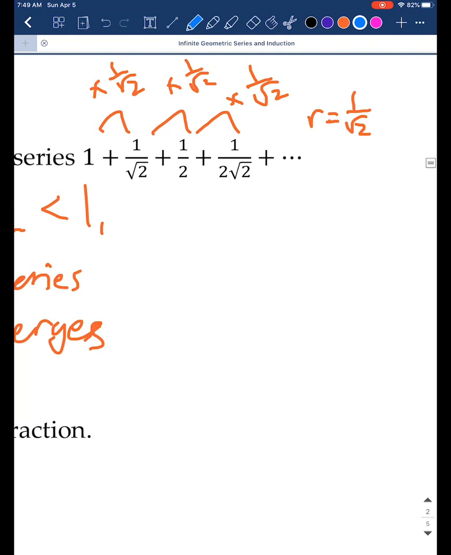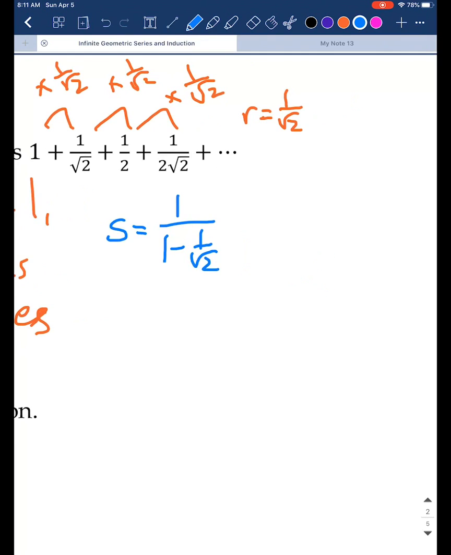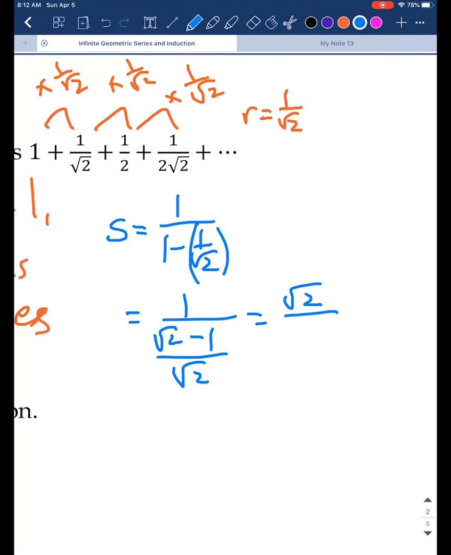So we'll get that S is equal to the first term over 1 minus our common ratio. So our sum is 1 over 1 minus 1 over rad 2, and that's going to equal 1 over rad 2 minus 1 over rad 2, which equals rad 2 over rad 2 minus 1.